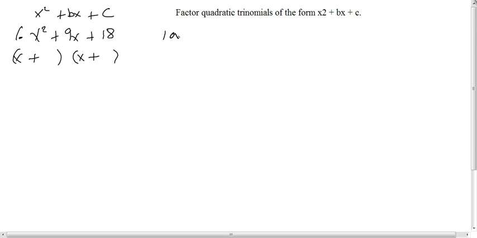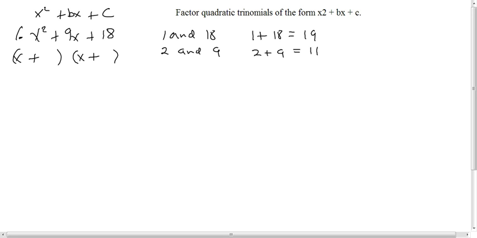We have 1 and 18, but 1 plus 18 is equal to 19. Then we have 2 and 9, but then again 2 plus 9 equals 11. Now we're doing this out loud, but eventually we can do this mentally in our head and expedite the problem.